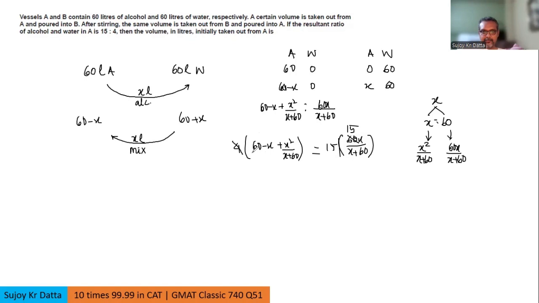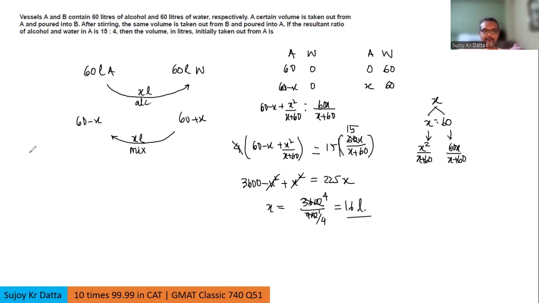When you multiply with 60 plus x, this is 3600 minus x squared plus x squared is 225x. So that's gone. So x would be 3600 divided by 225. So 3600 and 225 is 900 by 4. So 900 and 3600 cancel with 4, that is 16. 16 liters is the answer.